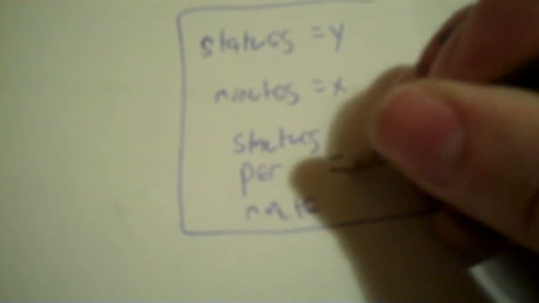So statues per minute. We do not have the statues per minute rate. Okay, now there are two tables to this one because you have me and my friend. So XY, XY.